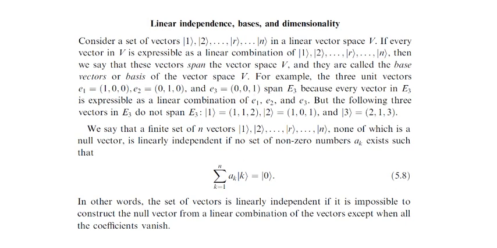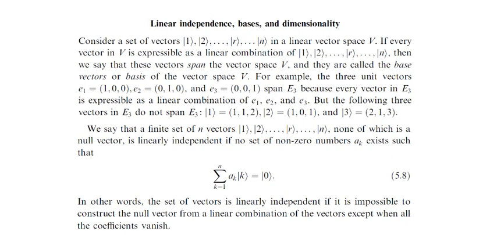So you can say that these three vectors span the three-dimensional Euclidean space. But if you consider another set of vectors in three-dimensional space, is it possible to express all vectors in terms of these as a linear combination of these three vectors? No, it's not possible. This is a basis, but this is not.